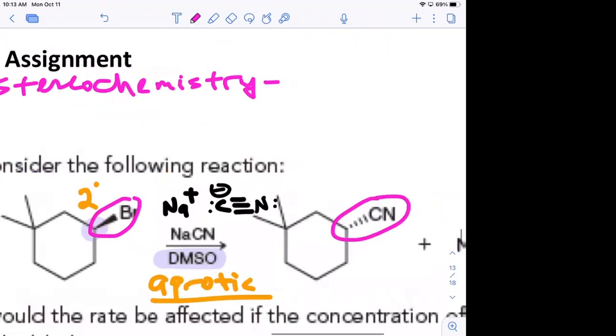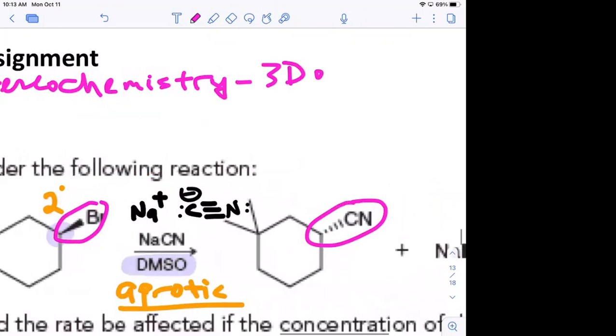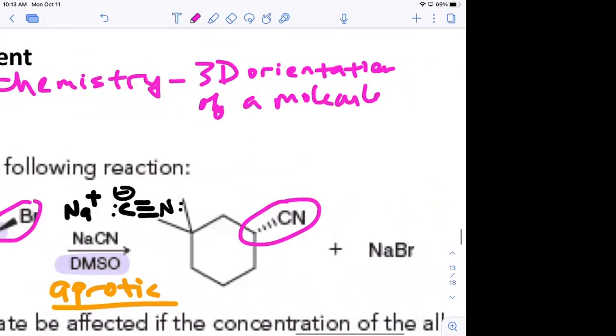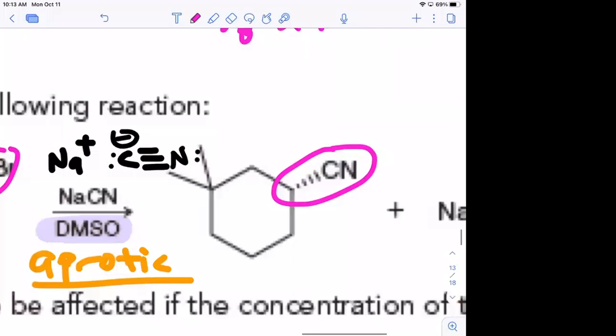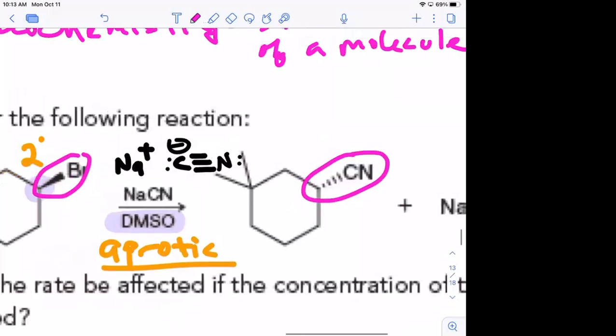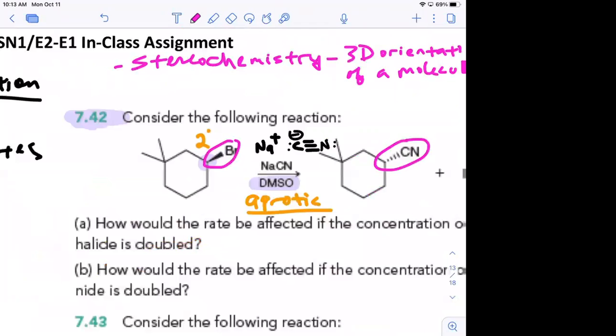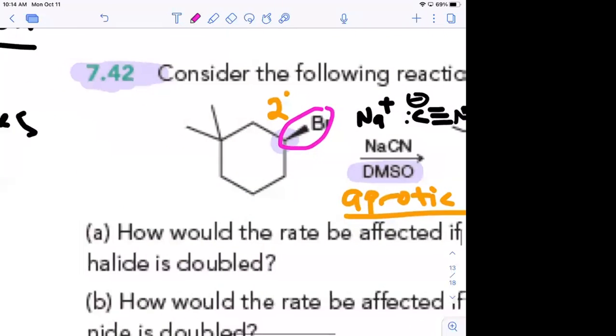When we talk about stereochemistry, we're talking about the 3D orientation of a molecule. So one of the hallmarks of the SN2 reaction is what we call inversion of stereochemistry.